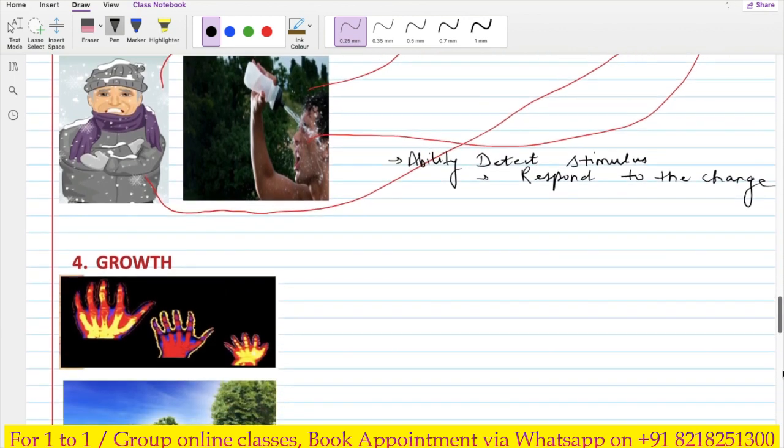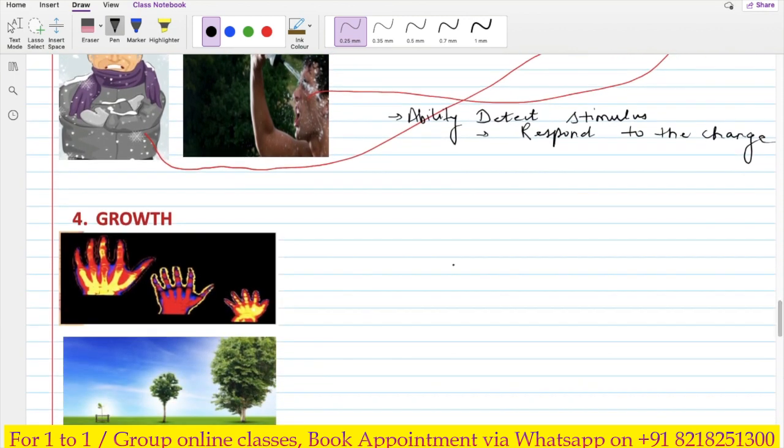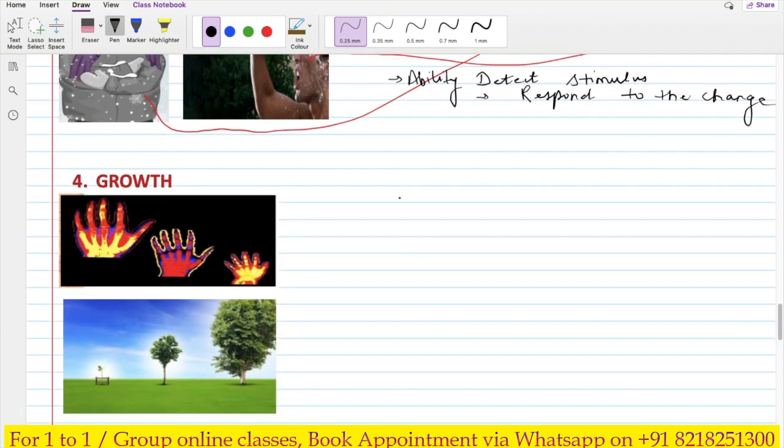Okay, we are done with the stimulus. Let's come to G of MRS GREN. What is growth? When we were born, probably our hand was like this. Then as we grew, our body grew. Basically, growth is a permanent increase in size.